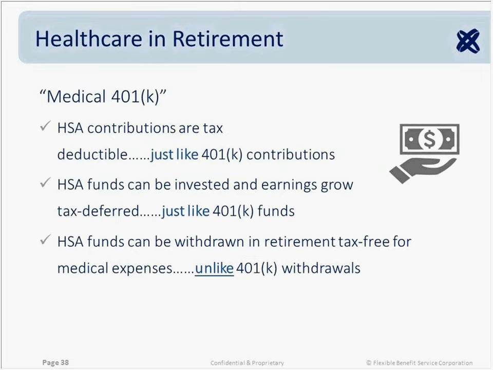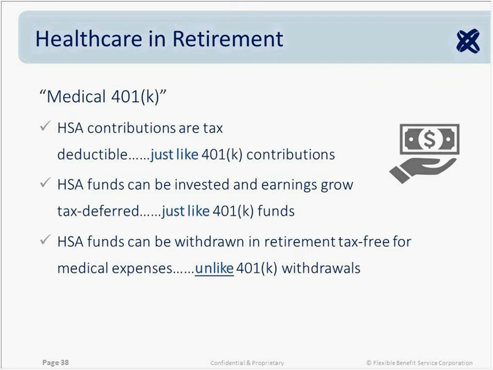So the HSA has a little bit of a nickname for those people that are savers and want to use their account for long-term savings. And some people are referring to an HSA as a medical 401k or a medical IRA. And the reason being is they work very similarly to 401ks, but they actually have one added feature. HSA contributions are tax deductible, just like 401k contributions are.